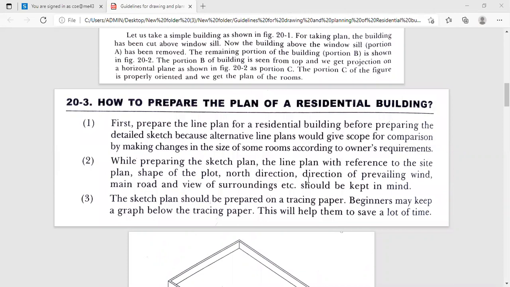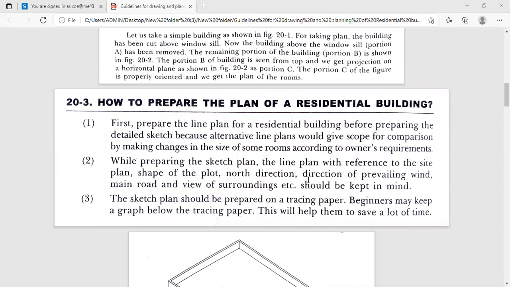So we have to use it for the preparation of the sketch plan, and beginners may keep a graph paper below the tracing paper. This will help them to save a lot of time at the time of drawing the sketch plan to scale. If you put any graph paper below the tracing paper, then it will guide you to measure the distances and decide the size of a room.